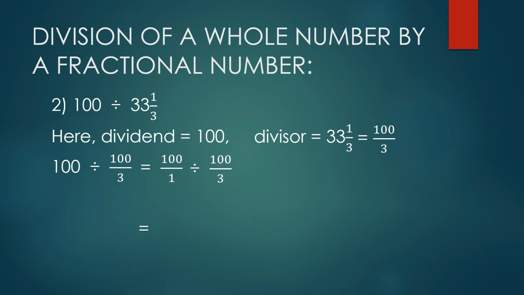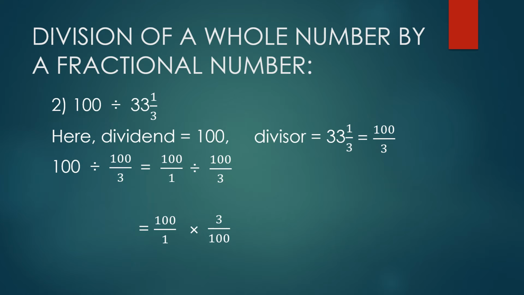First, write down 100 upon 1. To divide, first change division sign to multiplication sign and multiply by the reciprocal of the divisor. So write down multiplication sign. And the reciprocal of 100 upon 3 is 3 upon 100. So write down 3 upon 100.